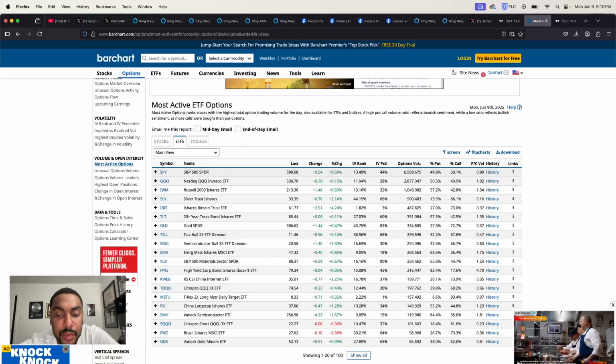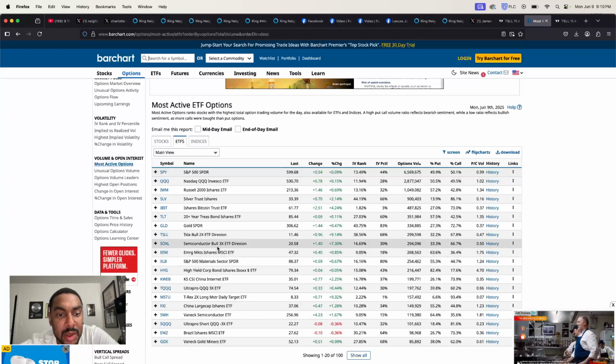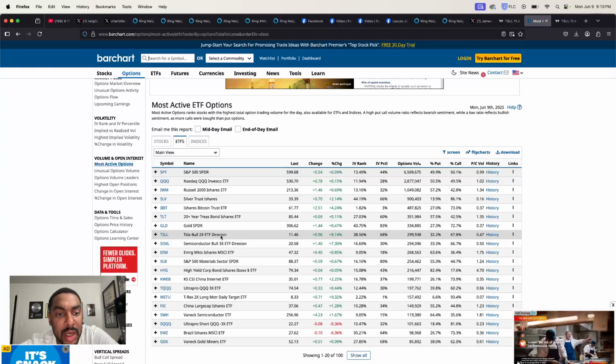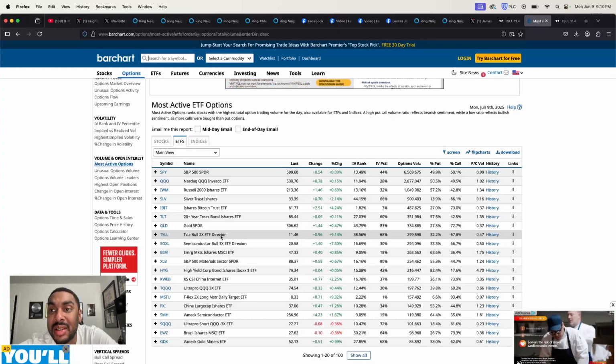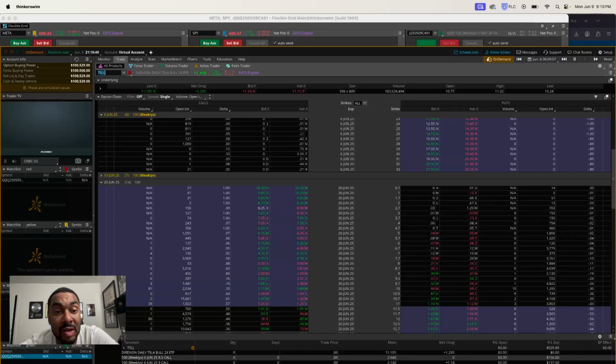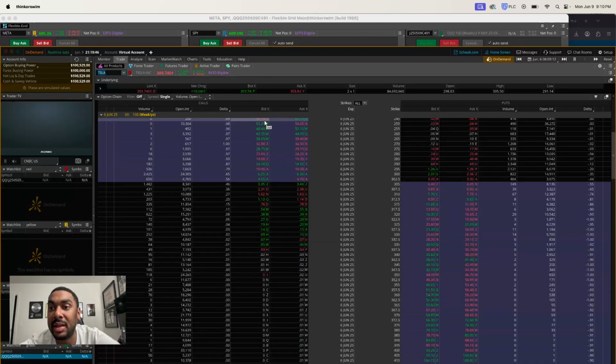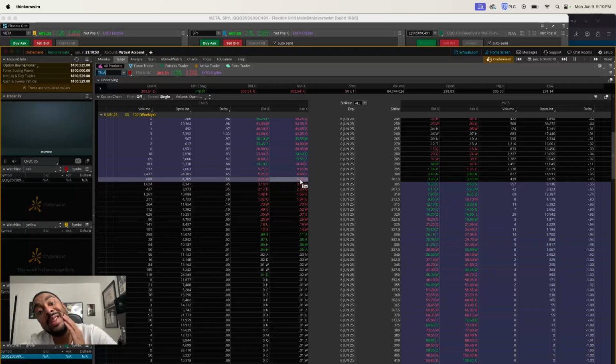So I just want you to see that you can trade Tesla contracts for cheaper than what Tesla contracts cost. Tesla contracts are very expensive. TSLA. Let me show you, for example, how much a Tesla contract costs. A Tesla contract costs between a few hundred to $1,000 in the money.